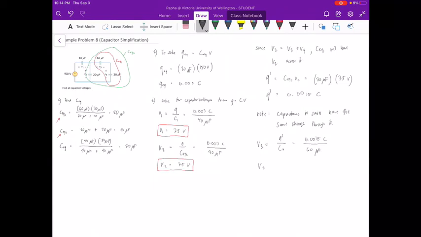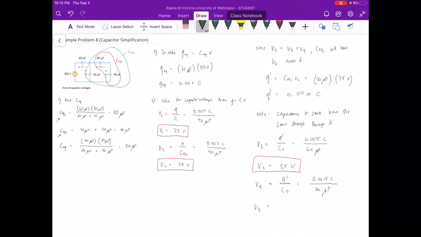Our V3 is equal to 25 volts, and our last voltage V4 will also use the same charge over C4. We have 0.0015 coulombs over 30 microfarads.